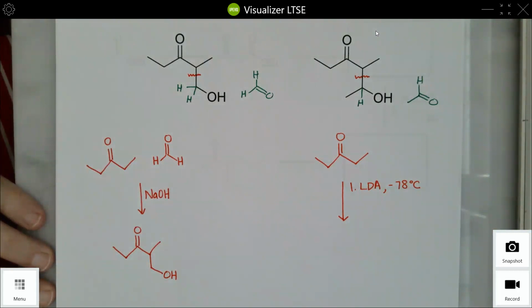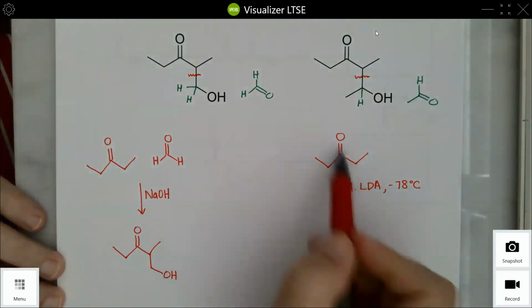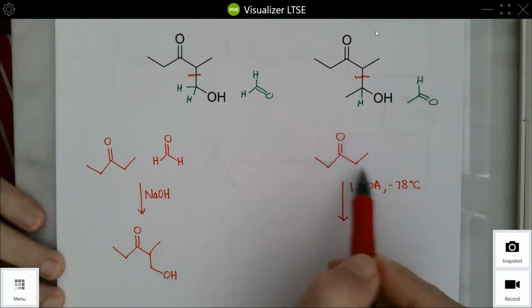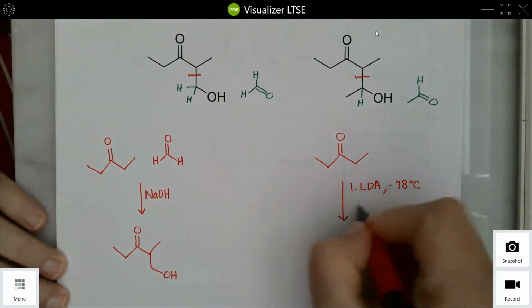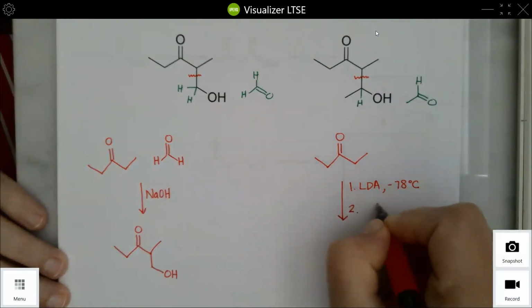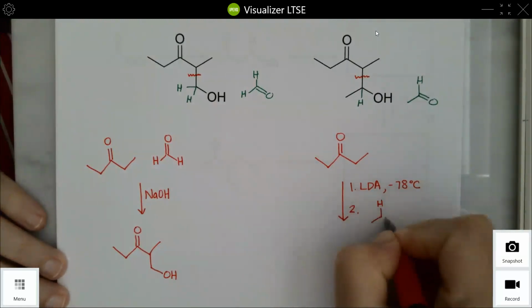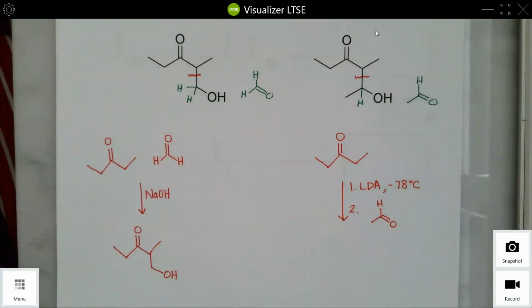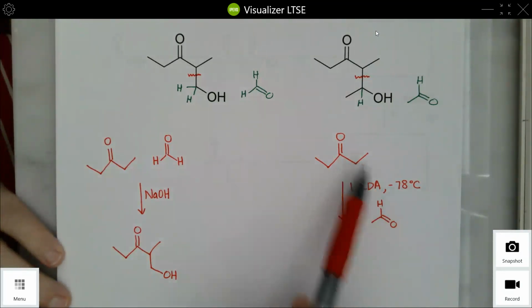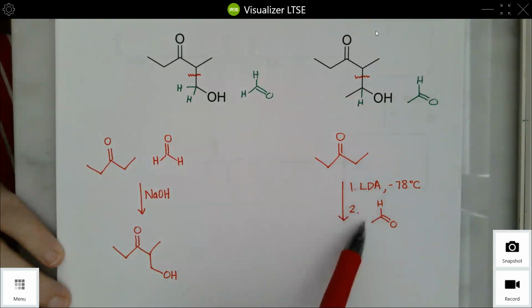So it will form the enolate from the only component that can, because this is the only one in solution at this point. Then we can dropwise add in the other component, and it's a faster reaction for it to do the aldol addition reaction than to essentially exchange and form some enolate from this one.